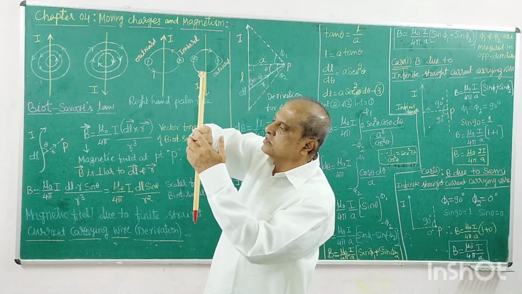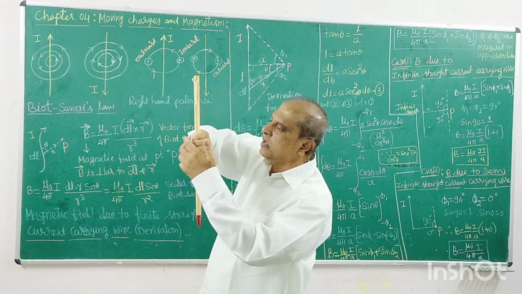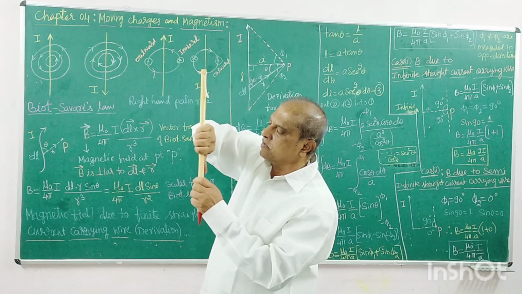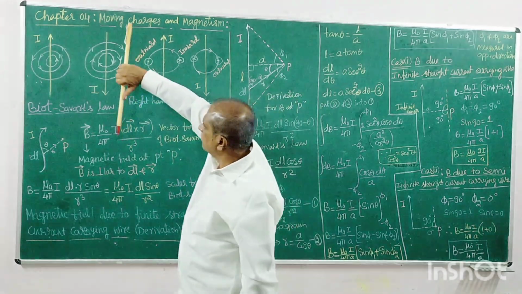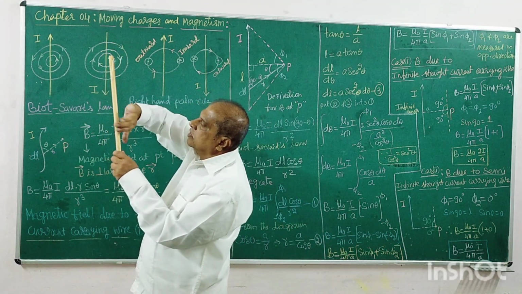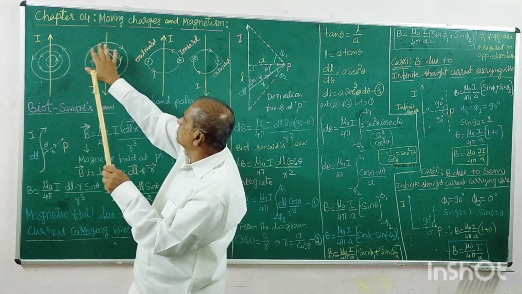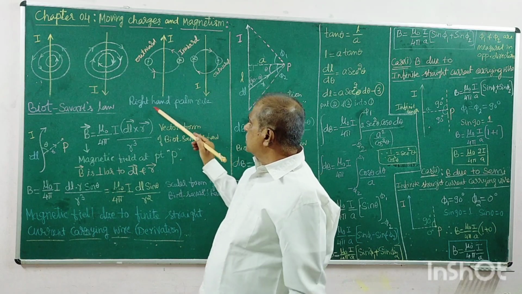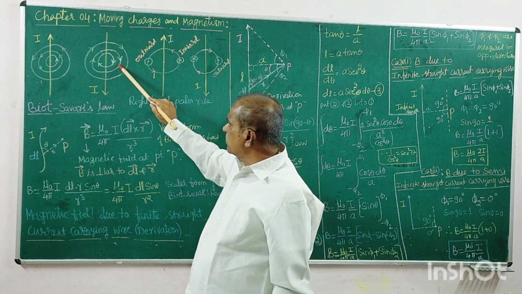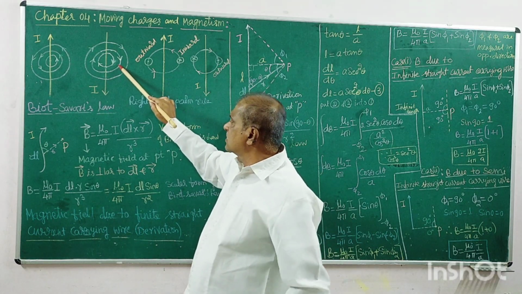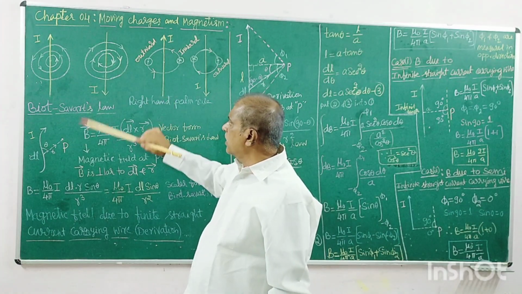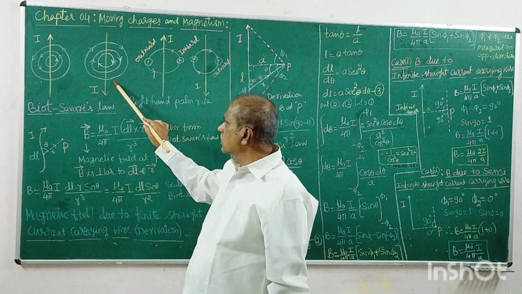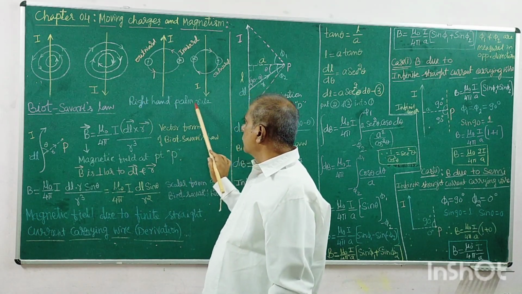These fingers will indicate the direction of magnetic lines of force around the conductor, encircling it. These fingers show the clockwise direction. So this is about the direction of the magnetic lines of force about the conductor carrying current in two different directions. It is assigned using the right hand palm rule.